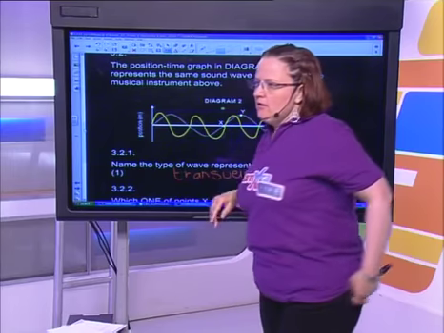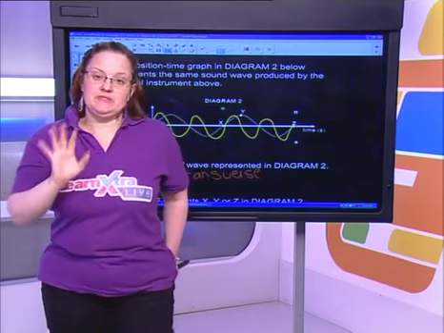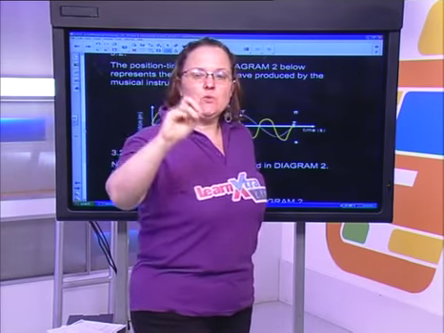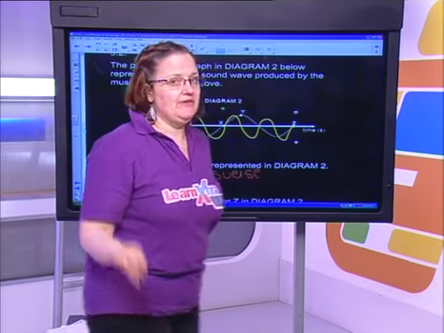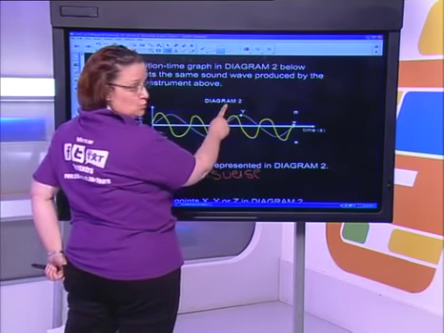And then someone asks you to clarify 3.2.1. The question 3.2.1 is about longitudinal waves. Sound waves are longitudinal waves. Please clarify that for me. Yes, okay, you are 100% correct that sound waves are longitudinal waves, but look at the question. It says, name the type of wave represented in diagram 2.